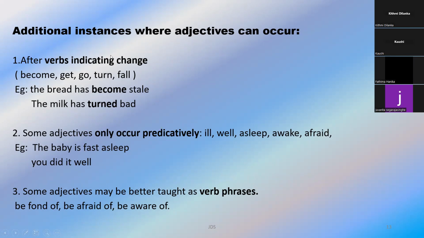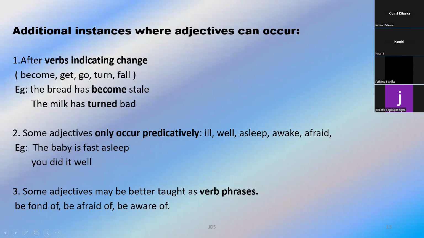After verbs indicating change, verbs that indicate change, for example, the bread has become stale. So become is the verb that is indicating the bread has got converted or something has happened to the bread. Right? So some examples are given. These are not stative verbs.